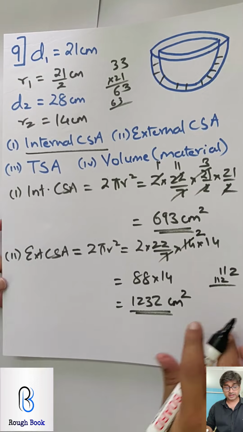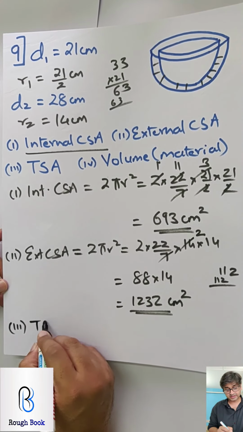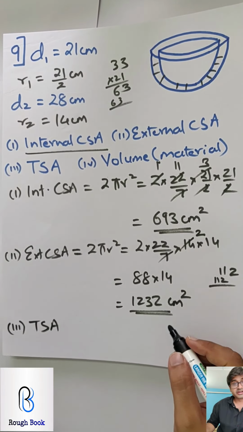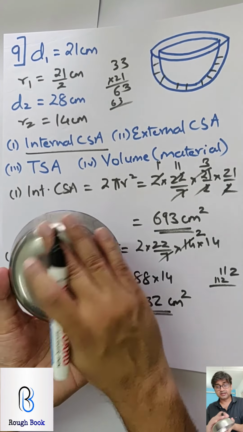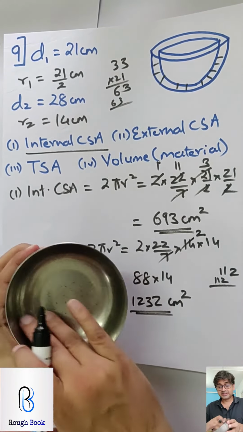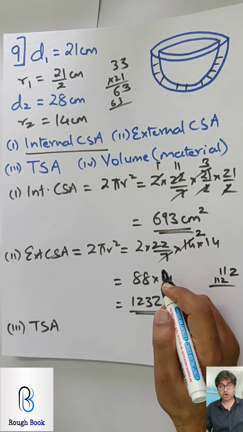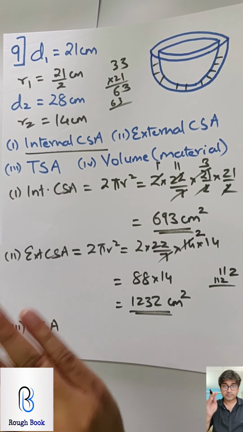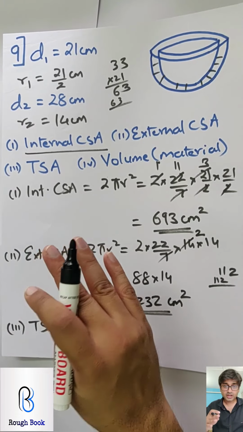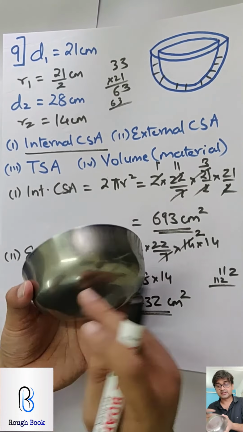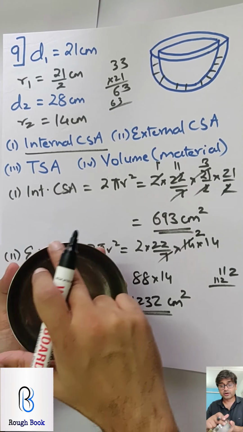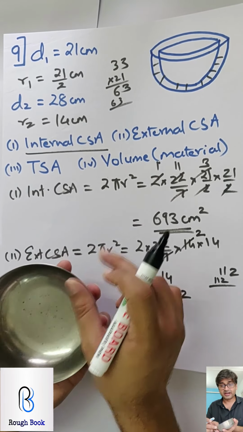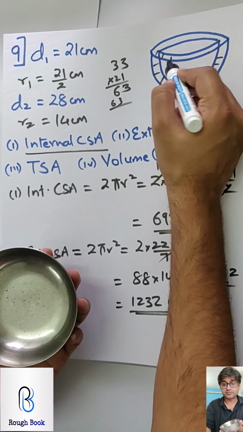Now we will try to find the total surface area. This is very interesting. Total surface area is going to be this external plus this internal. See, whenever they talk about surface area, think about all the parts that you are going to paint. So you will understand. So I will paint this, then I'll have to paint this. I will also have to paint this border on top. Now here this is very fine, but in this particular case, can you see this border?